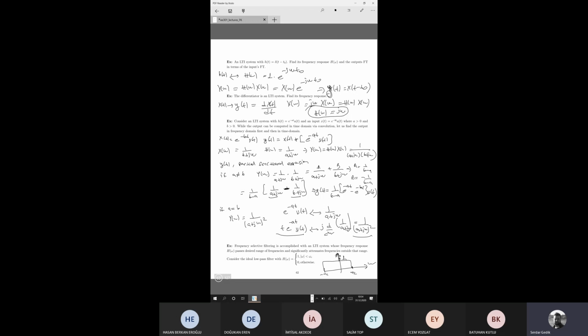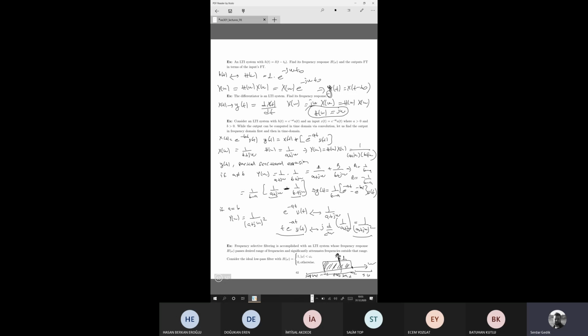So this is my ideal low pass filter. It is 1 for omega in the interval minus omega c to plus omega c. So this is the stop band. This is the stop band again, and this is the pass band region. So the signal passes only the frequency components within this interval, and it completely rejects the others.